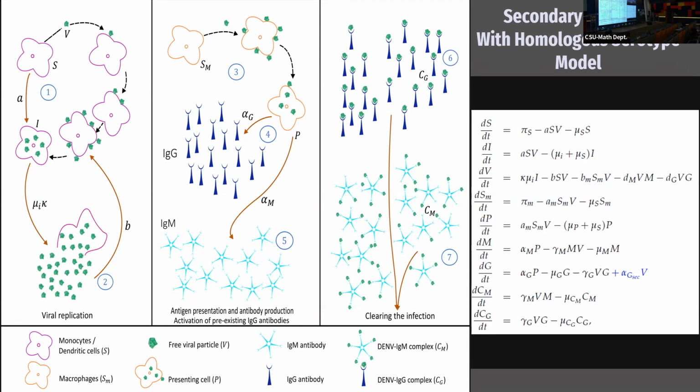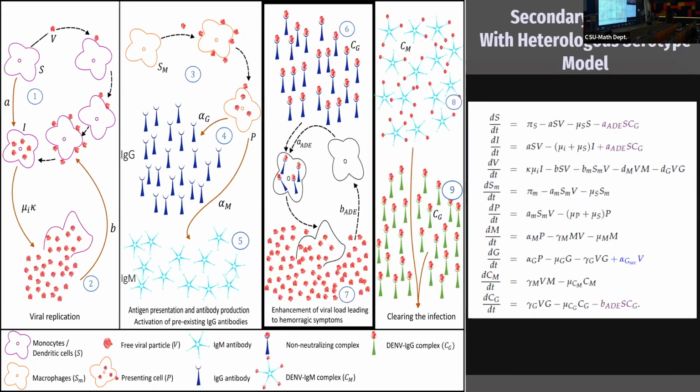What happens in the secondary infection with the same serotype? We just put some virulence in this compartment.